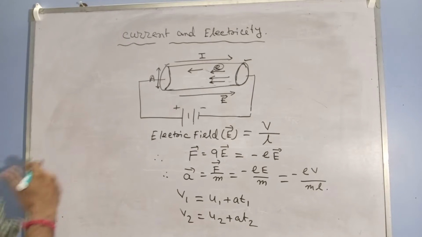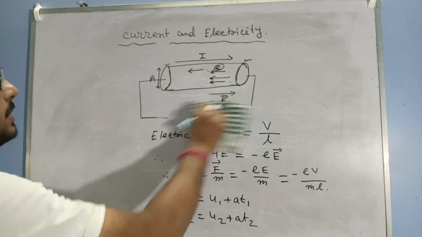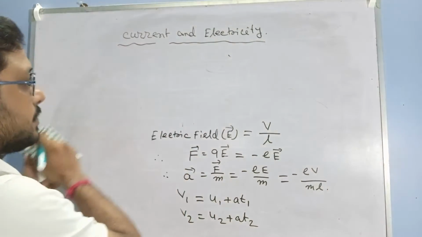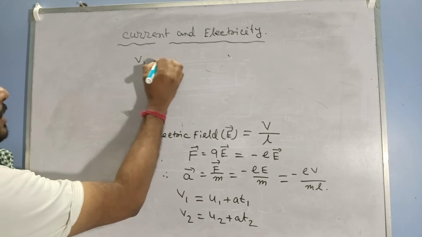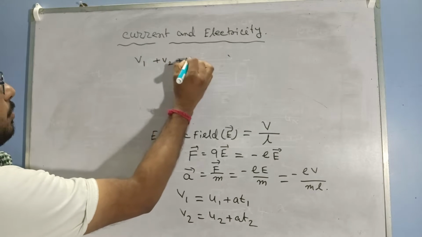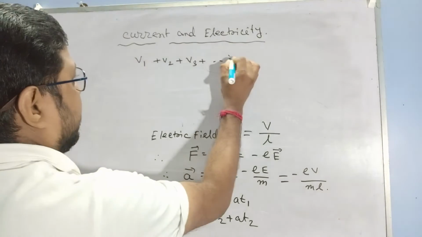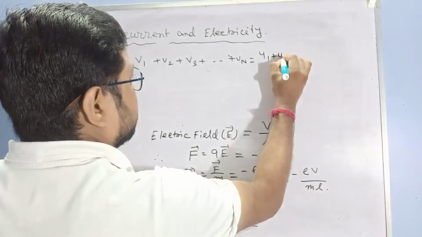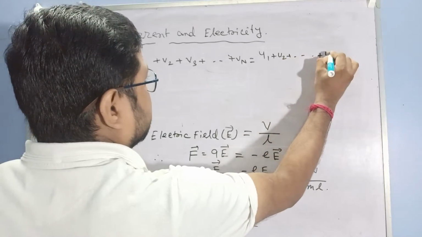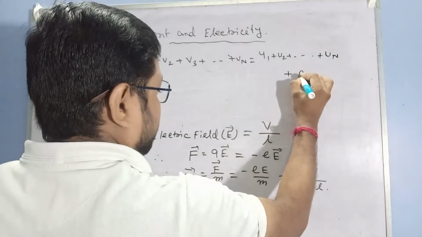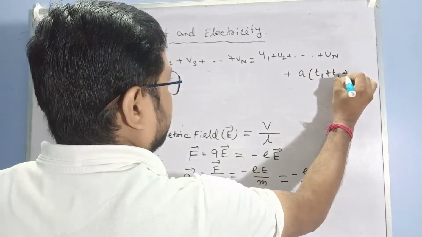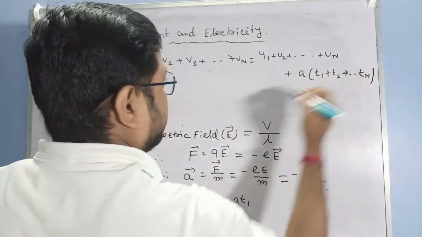If we add this, V1 plus V2 plus V3 and Vn, we can get U1 plus U2 plus Un plus, if we take A common, T1 plus T2 plus Tn.